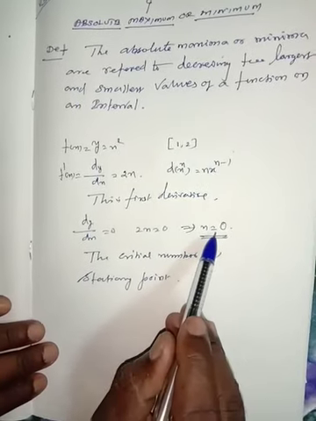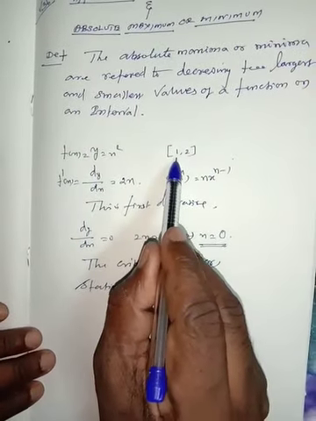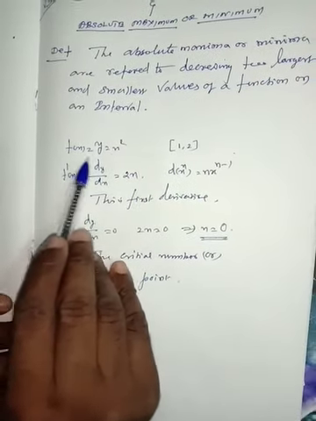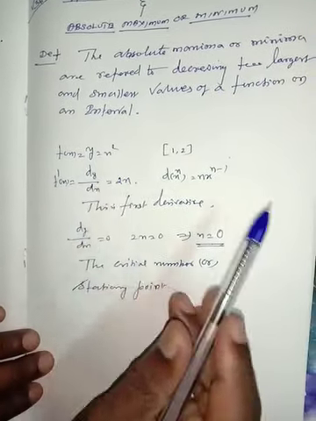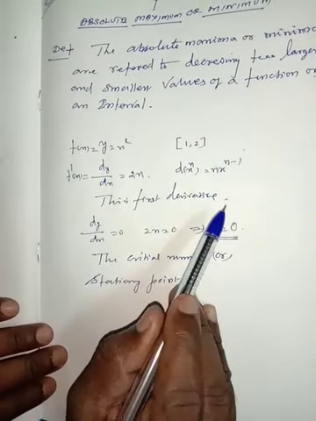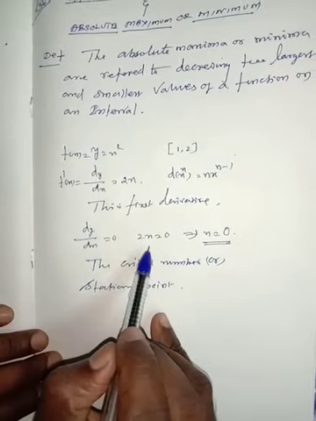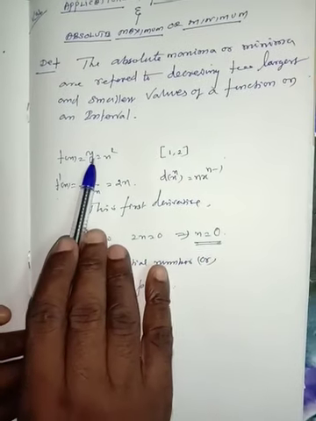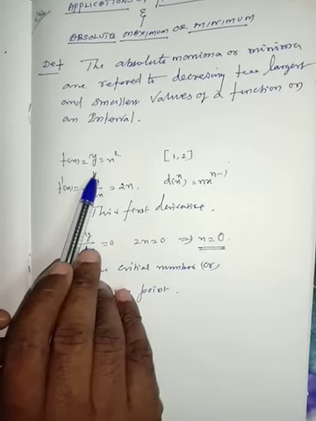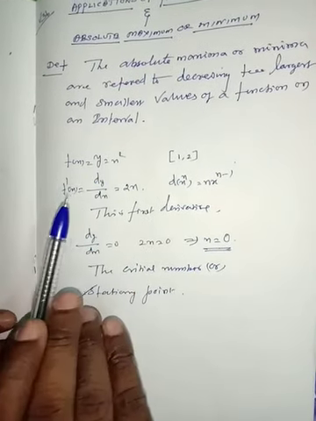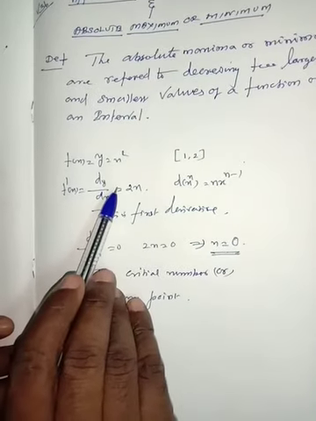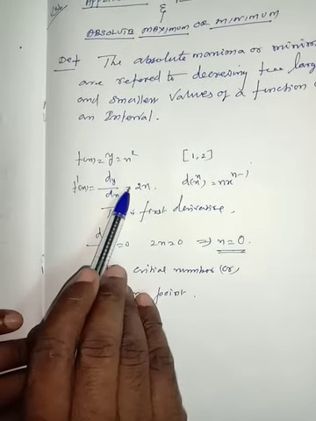Now apply x is equal to 0, x is equal to 1, x is equal to 2 in f of x. Suppose we get a positive or negative number. Suppose a positive number is obtained, then f of x is positive, which means an increasing function.